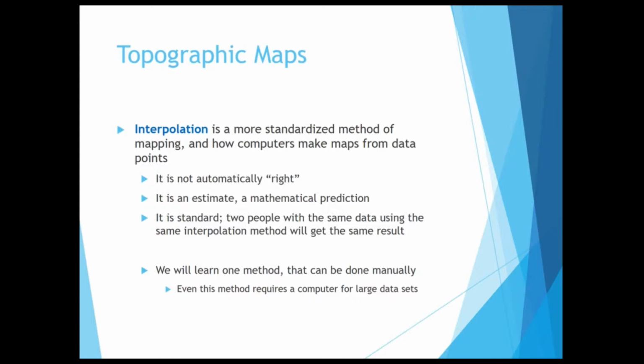Mathematicians and cartographers work very hard at improving it, and it's good, especially if you know your data type and what you're looking for and choose the right kind of interpolation. And if you apply it correctly.